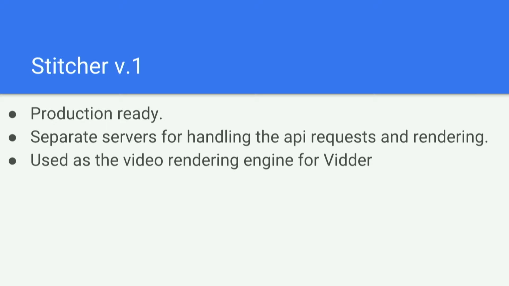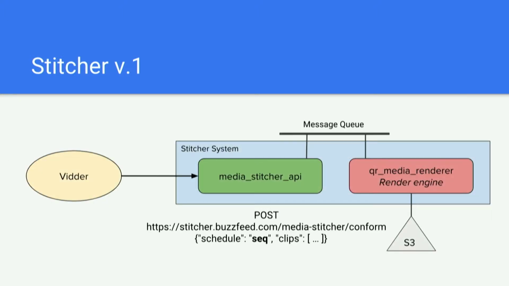So Stitcher v1 was production ready, and the front end was going to use Vidder as an editing tool, but most important is that we had separate servers for handling the API requests and the rendering. We split those out. And this shows the architecture of that.